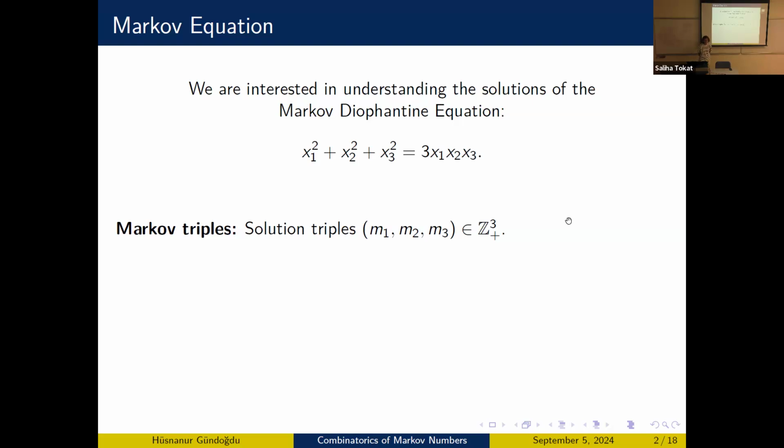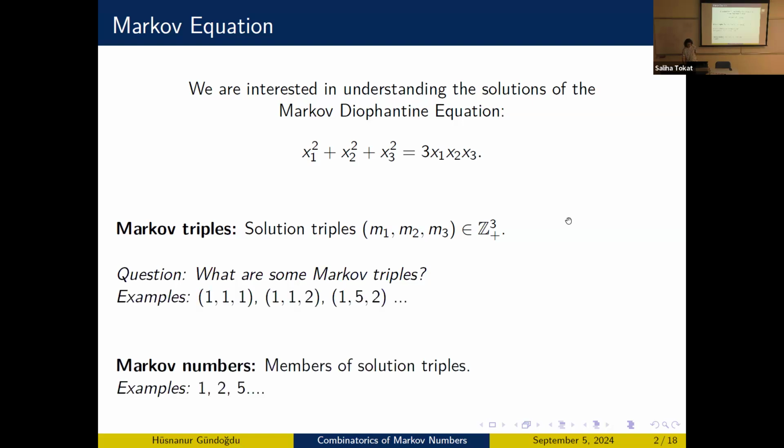We can find 1, 1, 1, and then 1, 1, 2, and 1, 2, 5. By the way, we call the numbers in solution triples Markov numbers.